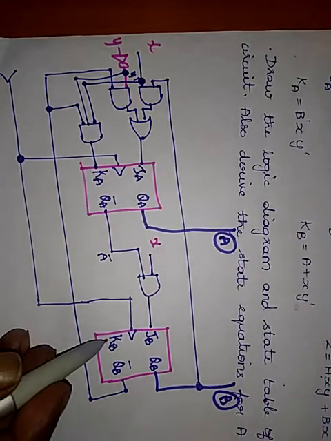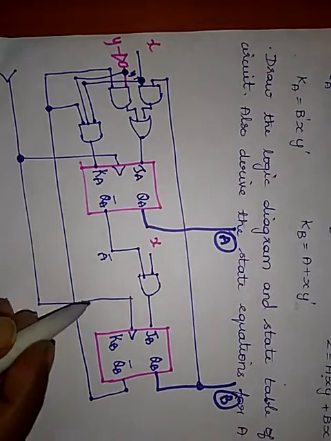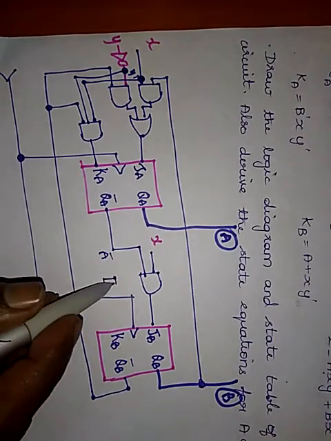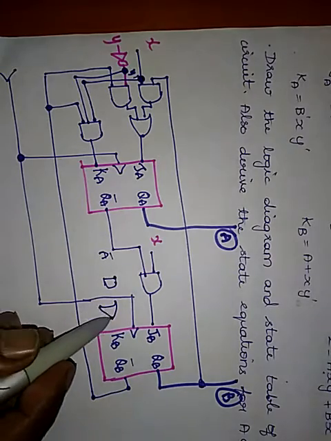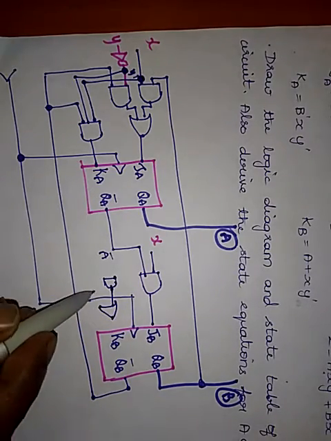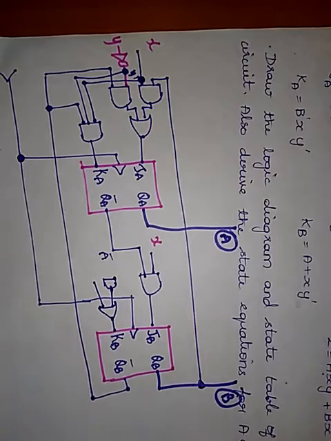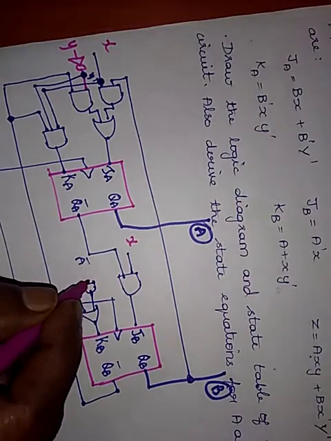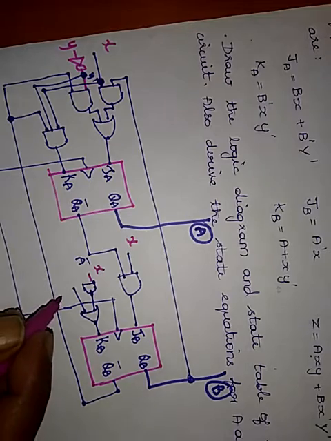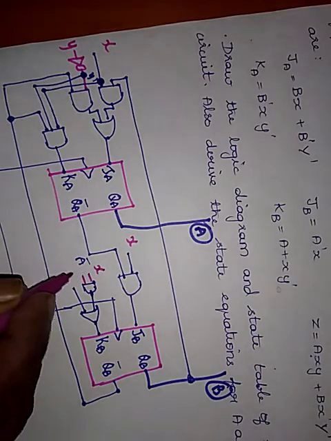Now KB, you have an AND gate and an OR gate. So this will go here, another straight input. So for KB, XY dash, once again one of the inputs is X, another input is Y dash.